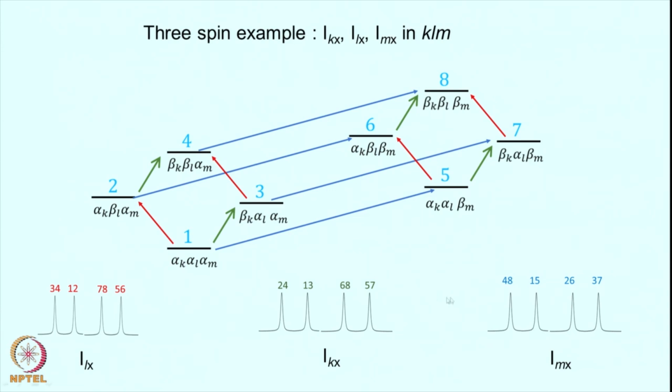So regardless of what the other 2 spin states are, I have the same positive absorption signal, therefore we call them in phase. The other things we will see in the next class. We stop here.